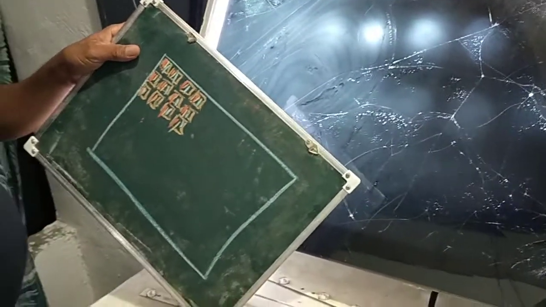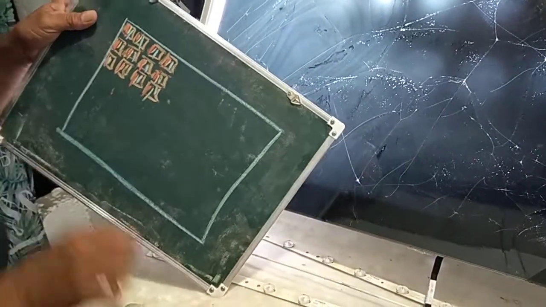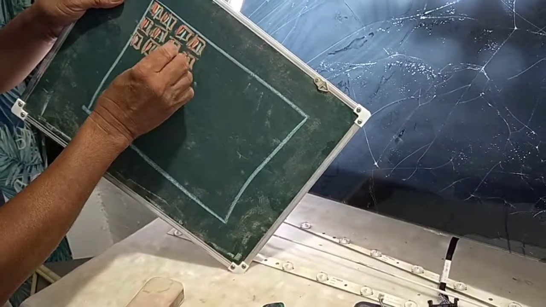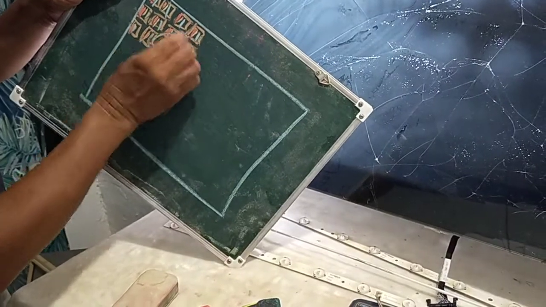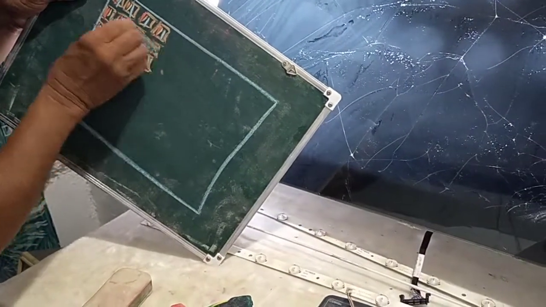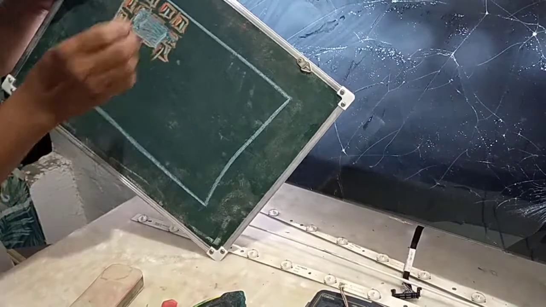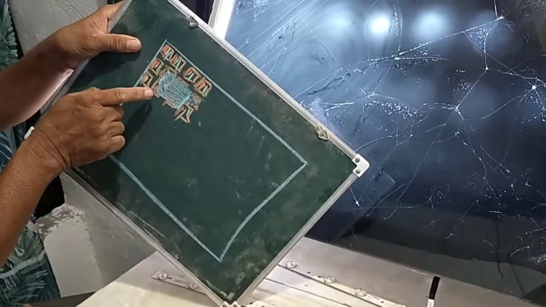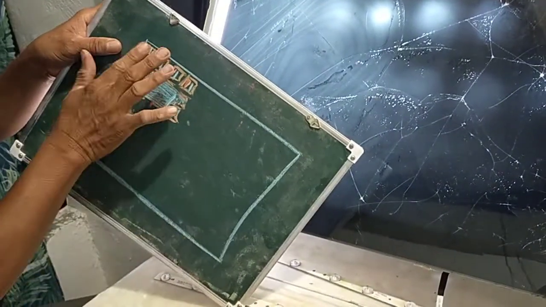For example, the picture color here is blue. The color of the shirt of that person is blue over here. Then over here is white.